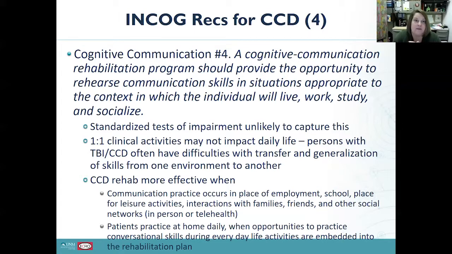There are also lots of recommendations out there for how to make this happen through telehealth, maybe they're doing things offline and then they're coming back and you're doing some metacognitive work with them. The other thing is there's been a couple of trials where if they have daily homework that involves conversational interactions, they have better outcomes in terms of social skills and community integration than if they do not have a daily program of conversation embedded into their programs.